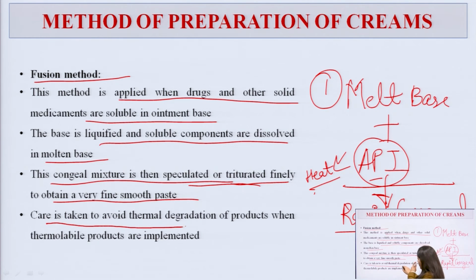Now, care is taken to avoid thermal degradation of products. So, thermolabile products are avoided at that stage. Just now I said, if the products are thermolabile in nature, we are not supposed to add them at the initial stage, because that may cause degradation of our products.